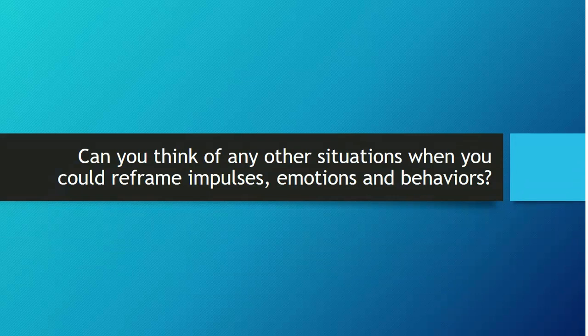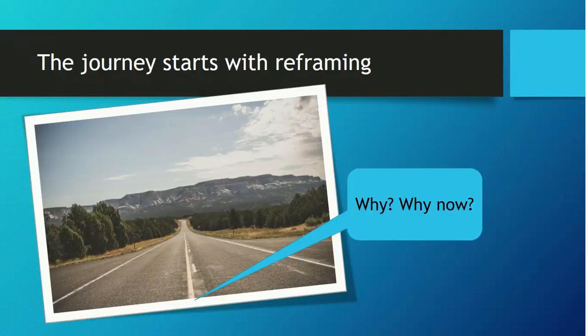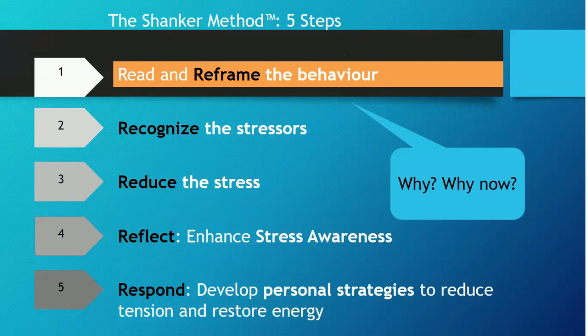And then you might want to experiment with the next steps of self-reg, because the journey starts with reframing. You start asking why and why now, and then it opens the way to recognizing the stressors, to playing the detective, to reducing the stressors so that you come back from fight or flight to social engagement.